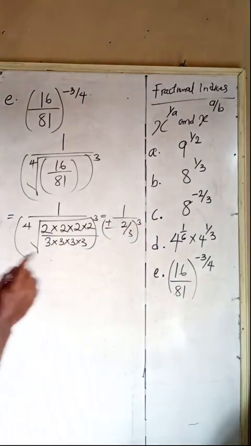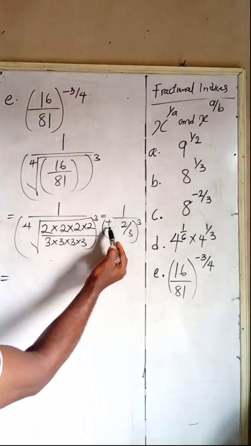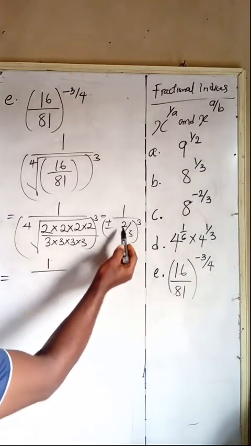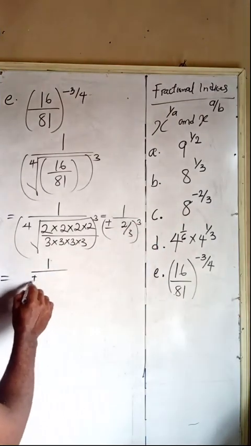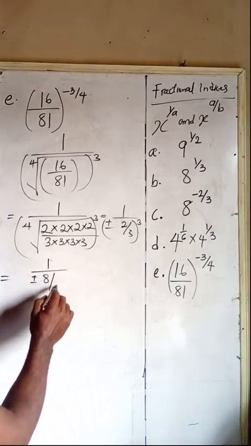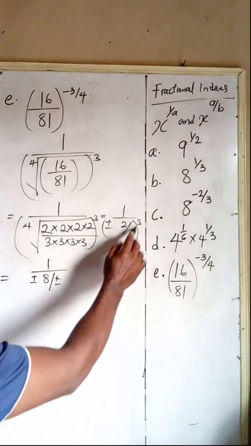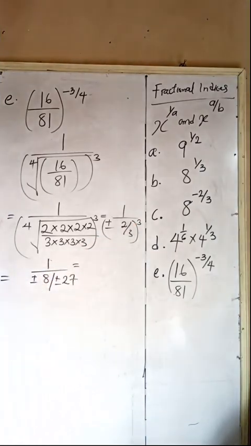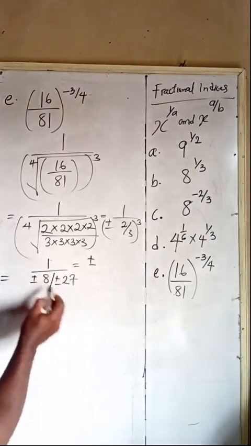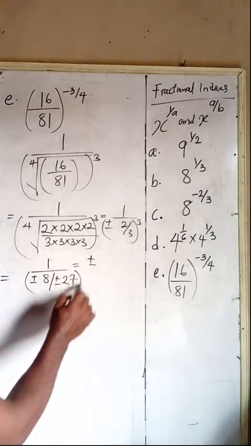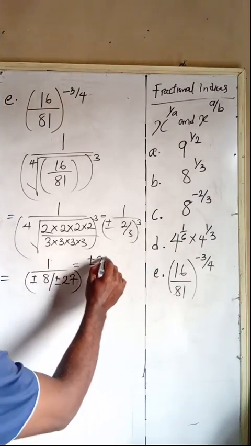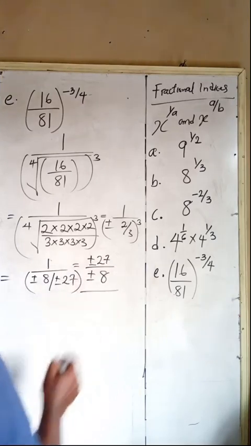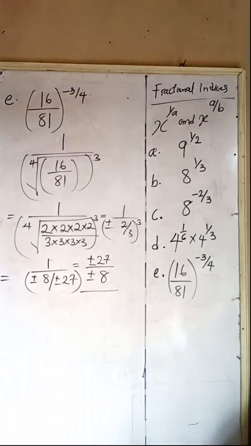We now have 1 over, so 2 raised to power 3 will be plus or minus 8, divided by plus or minus 3 raised to power 3, which is 27. The reciprocal of this will give you plus or minus 27 over plus or minus 8. So that is just the answer.